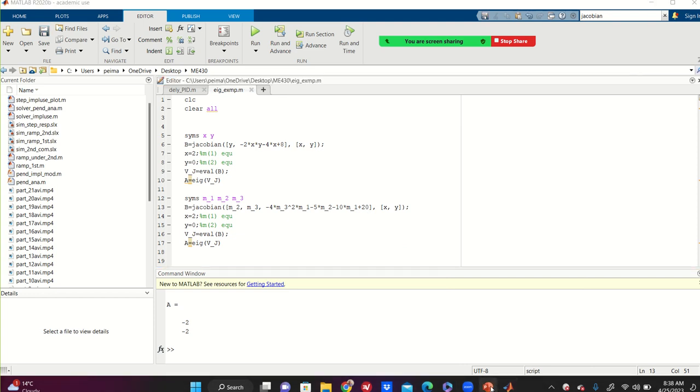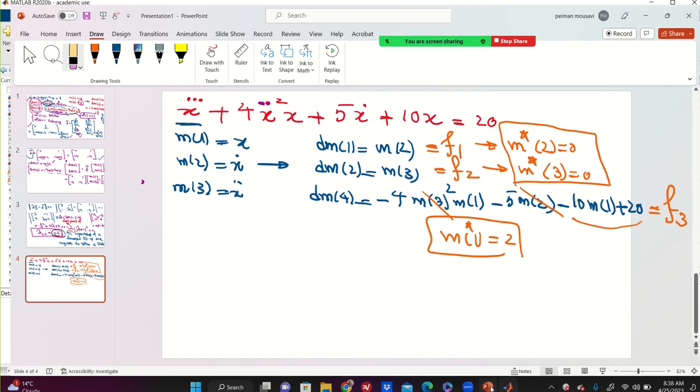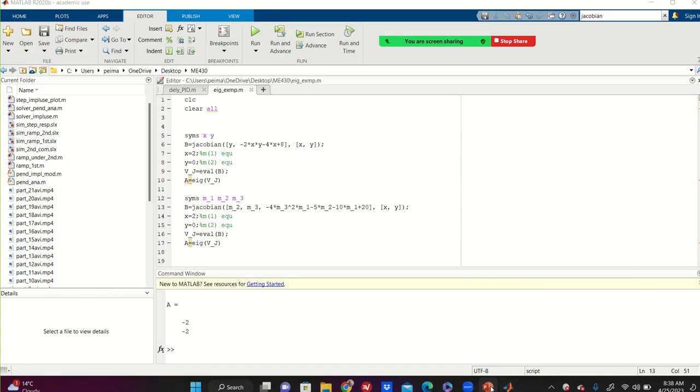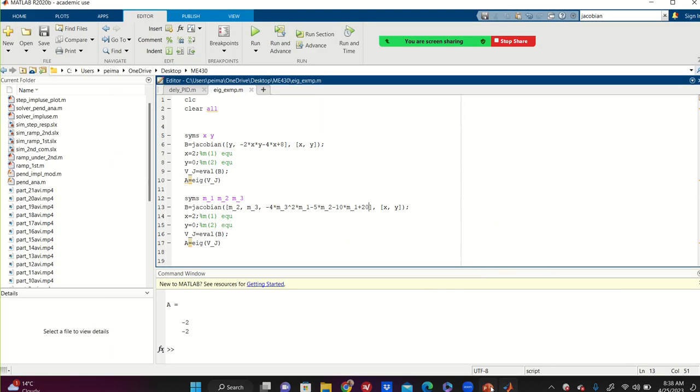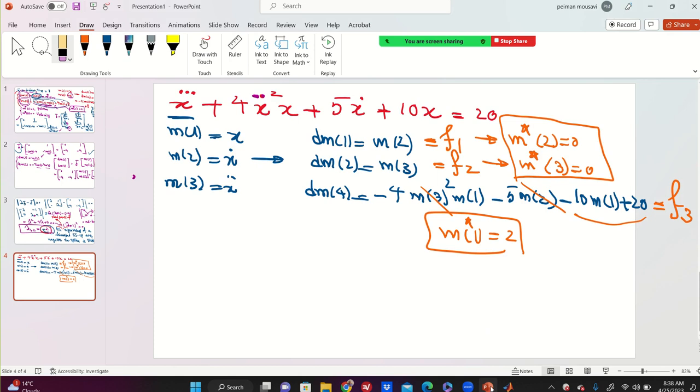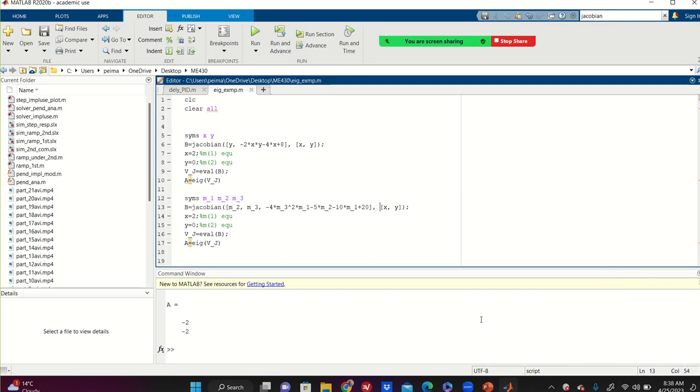Okay guys, I just typed here minus 4 M3 squared M1 minus 5 M2 minus 10 M1 plus 20. Now I'm going to say our variables are 3: M1, M2, M3, a third order system.